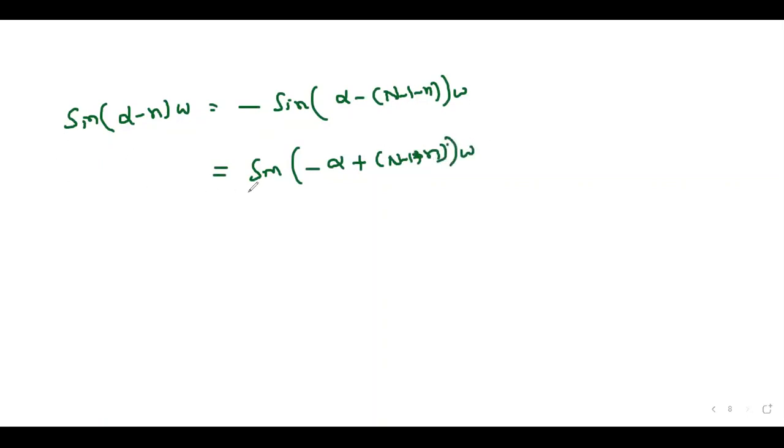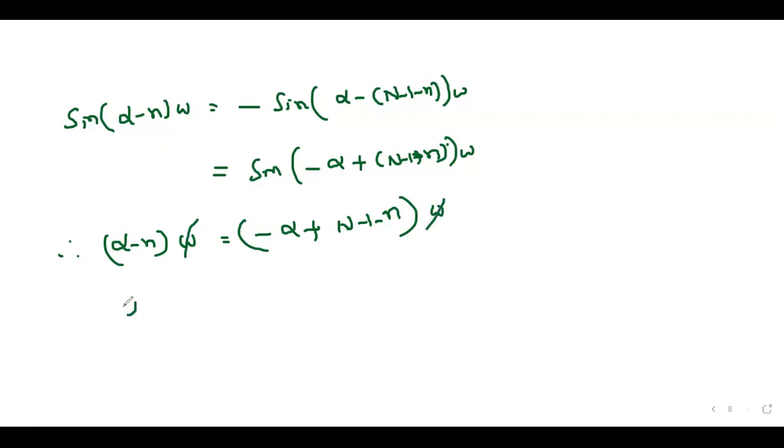Now sine you can remove, so we can equate these angles. Therefore, alpha minus n into omega is equal to minus alpha plus n minus 1 minus n into omega. Now omega cancels. So what we got is alpha minus n is equal to minus alpha plus n minus 1 minus n. Minus n and minus n also cancel.